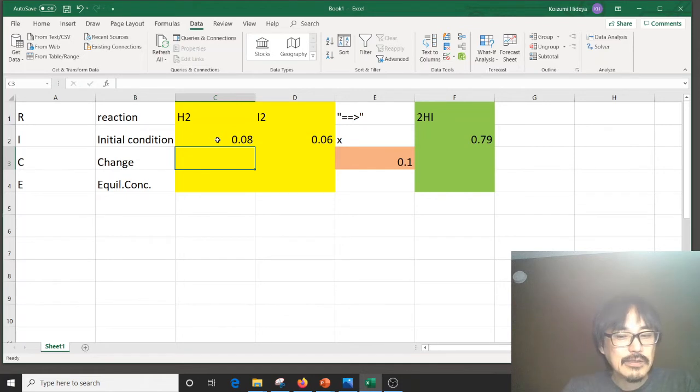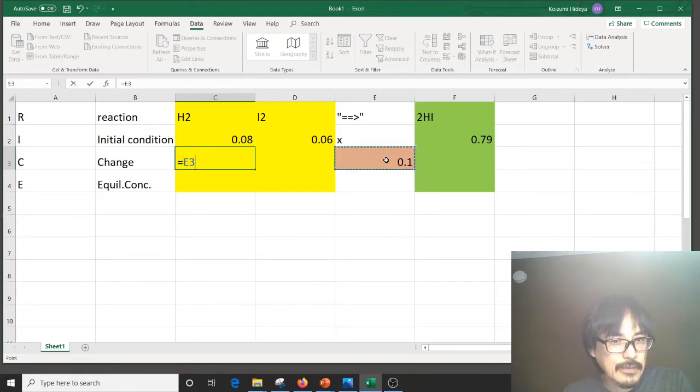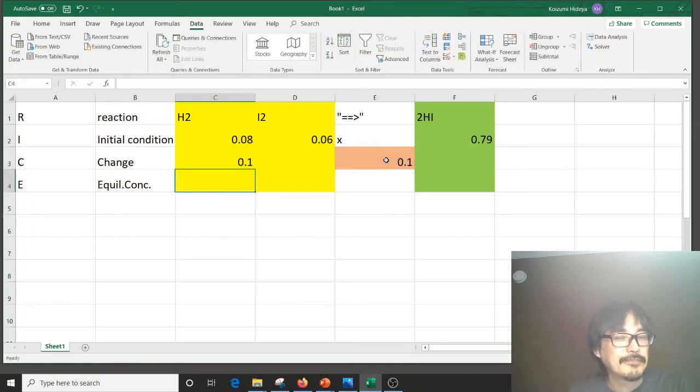So this reaction is going to form more H2, right? So I am going to put whatever that value is, X, here.